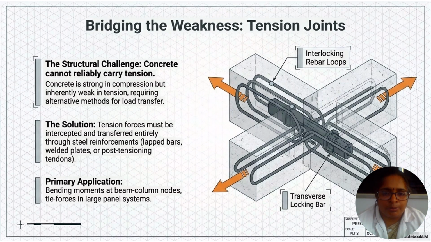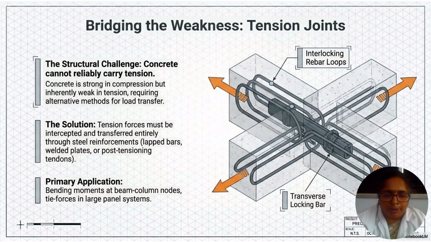The next type is tension joint. Since concrete cannot reliably carry tension, because concrete is strong in compression but weak in carrying tensile forces, it requires an alternate method of load transfer. The solution is that tension forces must be intercepted and transferred entirely through steel reinforcement, that is lapped bars, welded plates, or post-tensioning tendons.